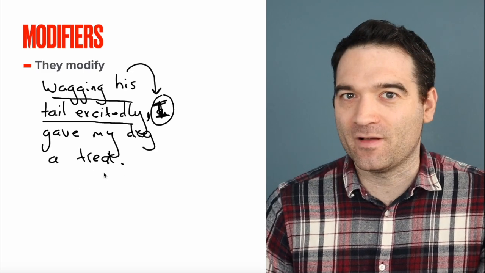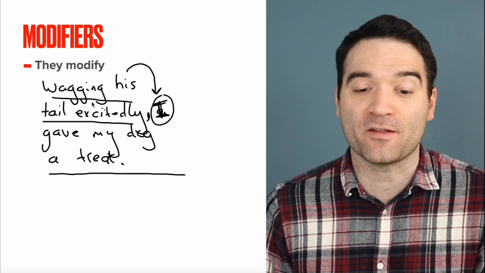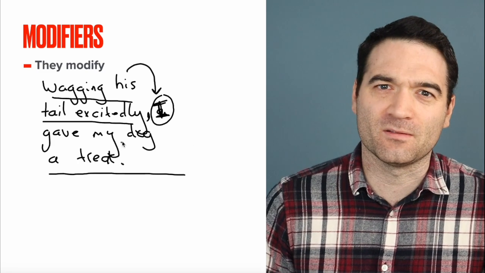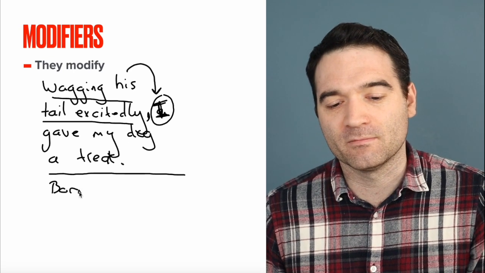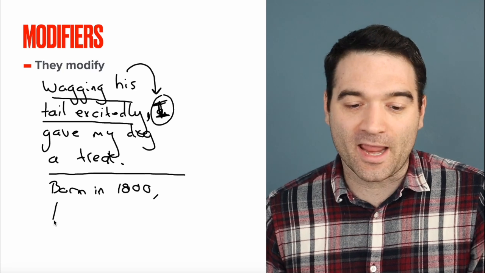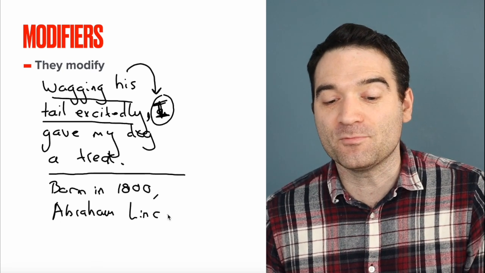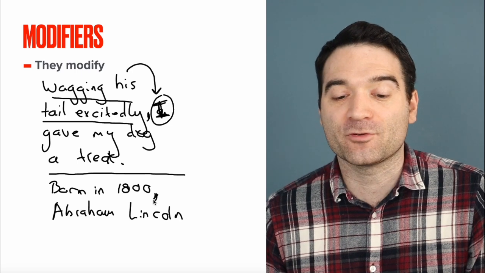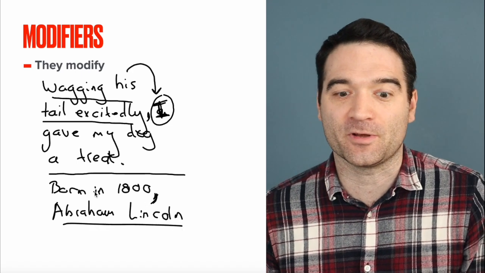If you have this situation, a sentence that starts with a modifier, the other example I'll use was Abraham Lincoln, born in 1800, comma, Abraham Lincoln. The only subject that can come after this comma is Abraham Lincoln, because that's who was born in 1800.